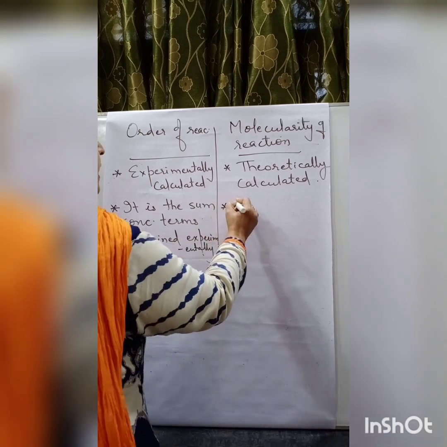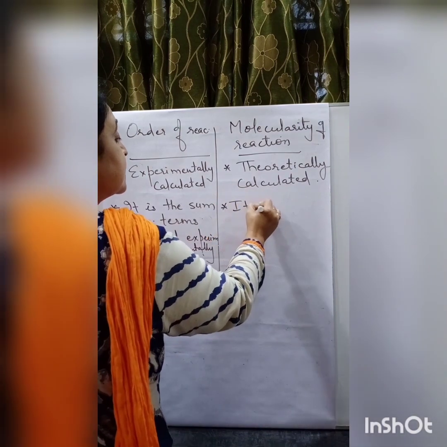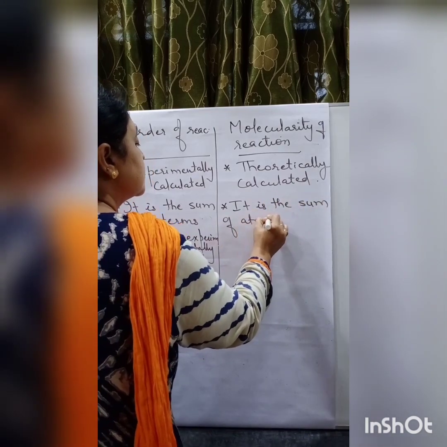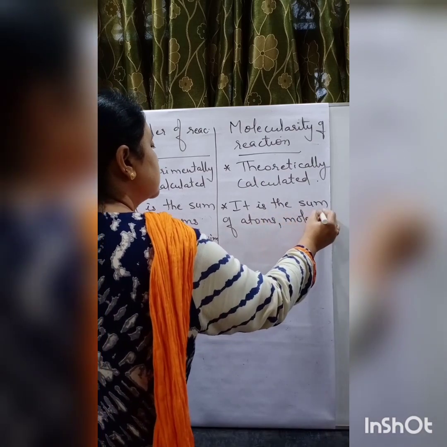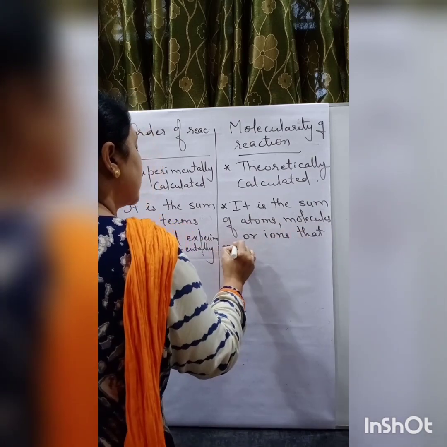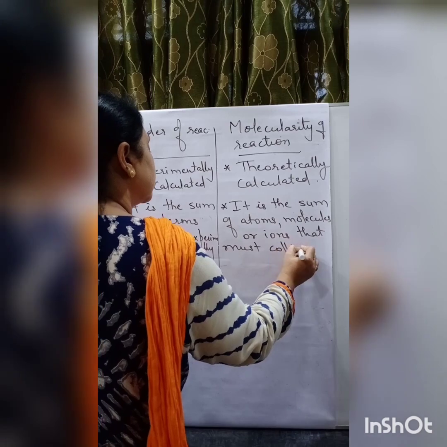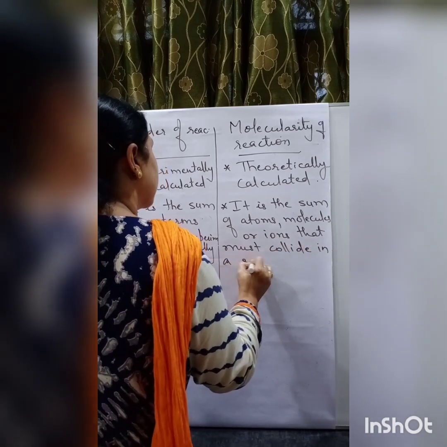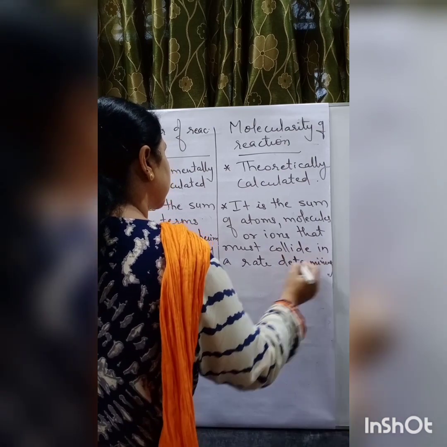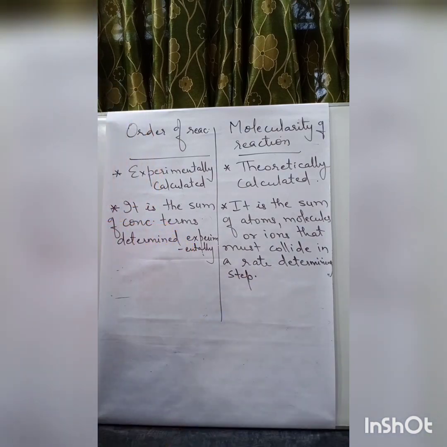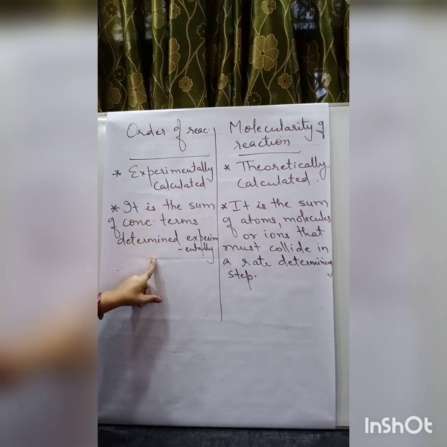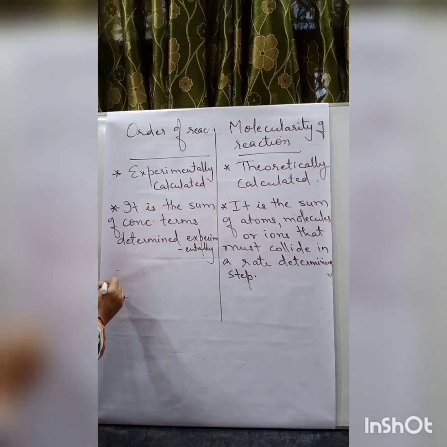For molecularity, it is the sum of atoms, molecules or ions that must collide in a rate determining step. See the difference? Here rate determining step and here we are obtaining it experimentally.